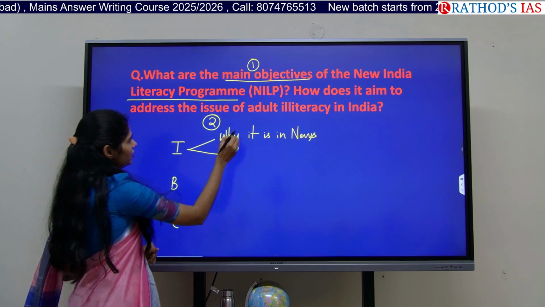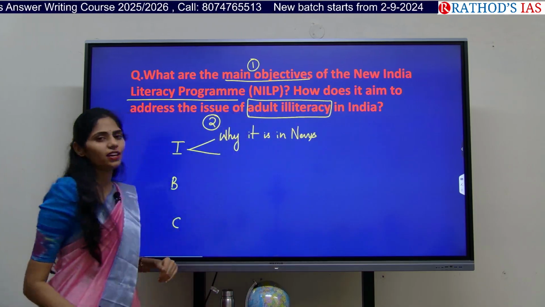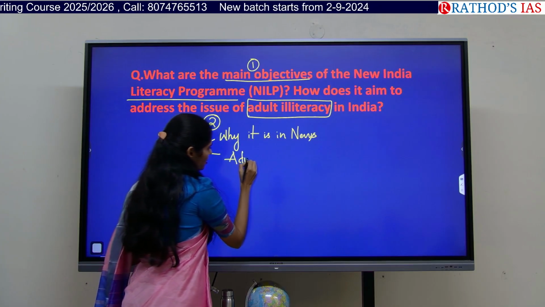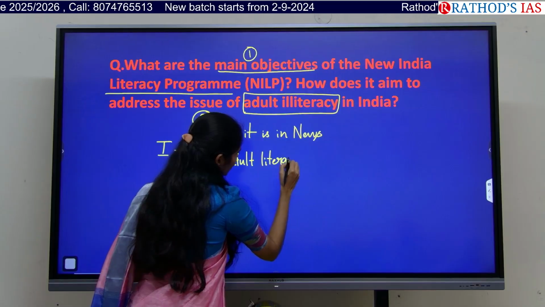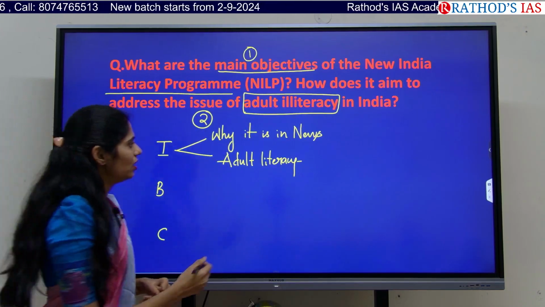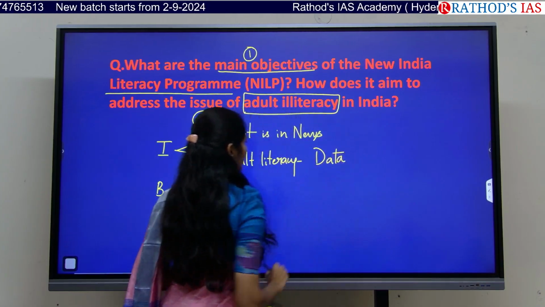The keyword is adult literacy, so you can write something about adult literacy. Regarding this, you can take any data from the ministry, the exact data of adult literacy in India.